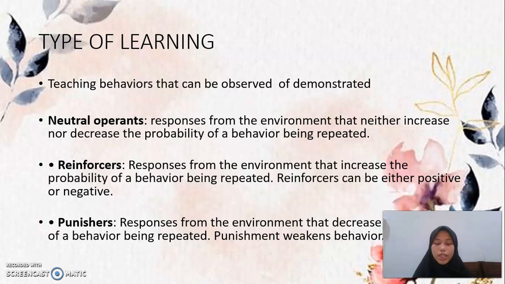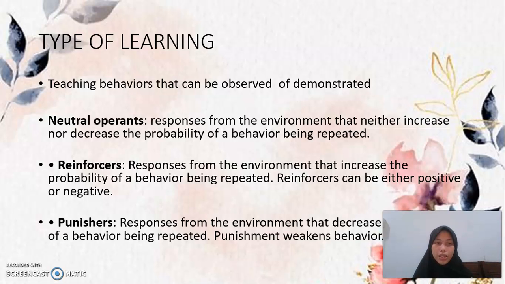In B.F. Skinner, like I said before, there are three lists of theory. First is neutral operant. Neutral operant is a response from the environment that neither increases nor decreases the probability of a behavior being repeated.